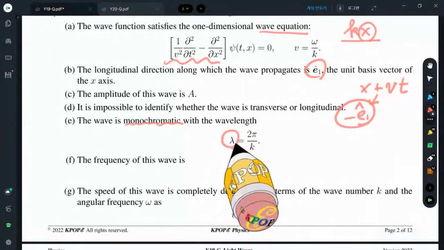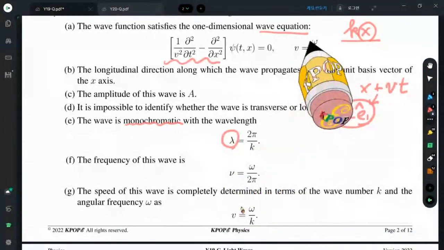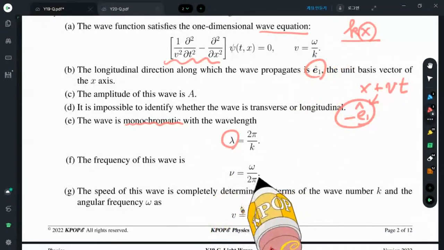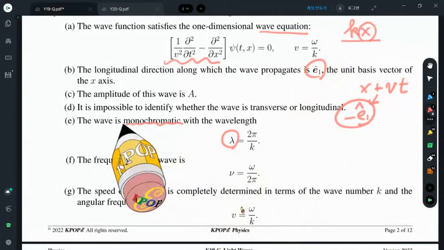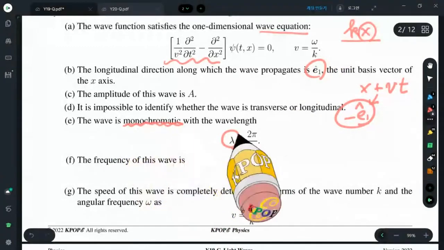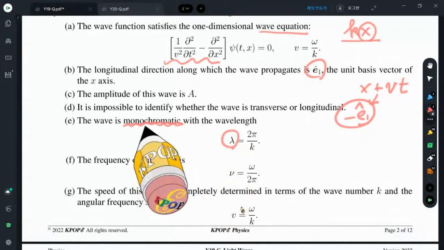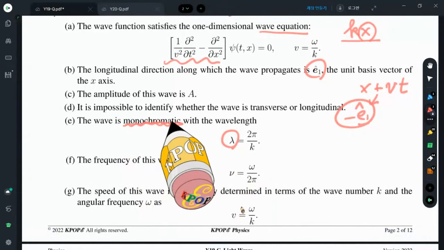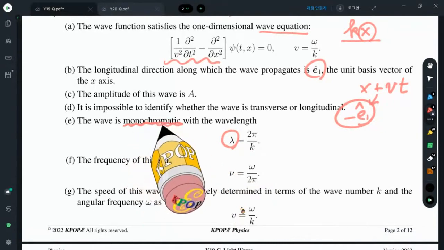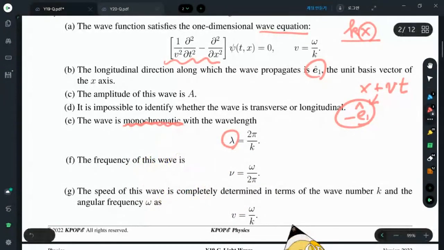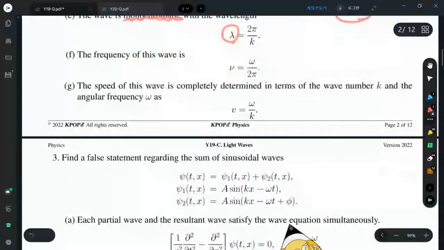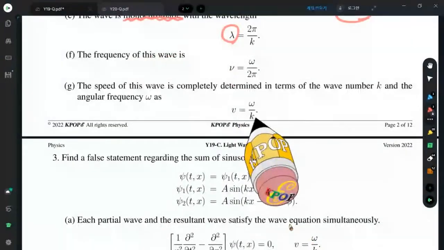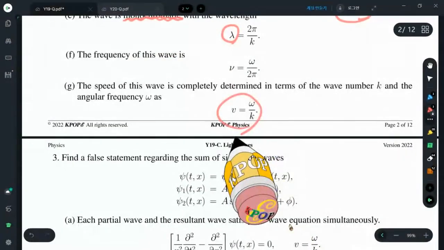The wavelength is fixed, and the angular frequency and the frequency are fixed constants. So a single-wavelength wave is called monochromatic, single color. The speed of this wave is completely determined by this relation.